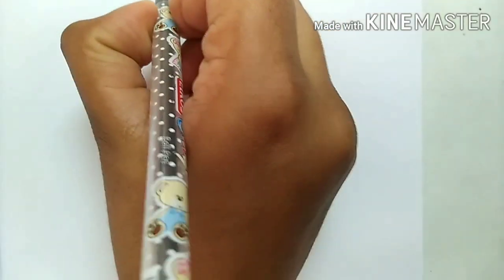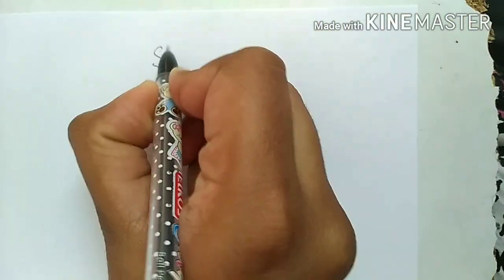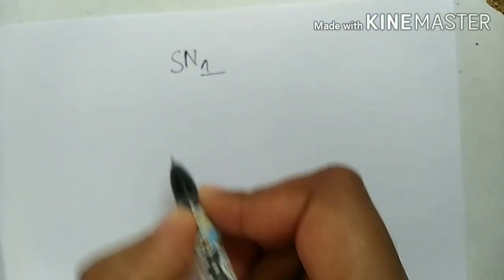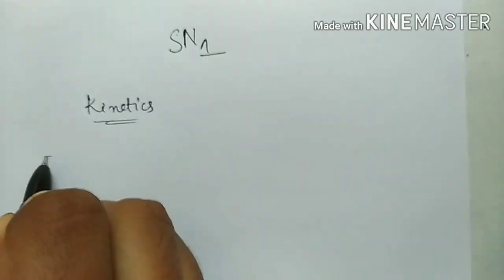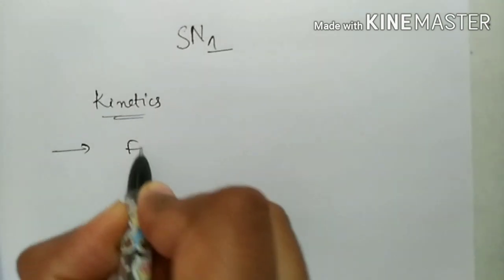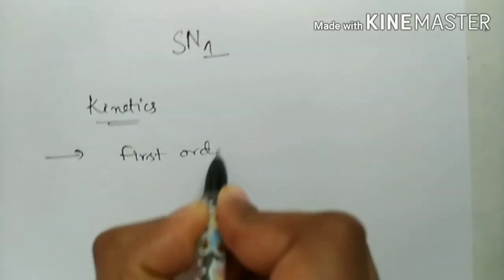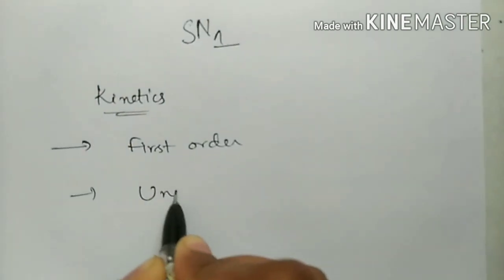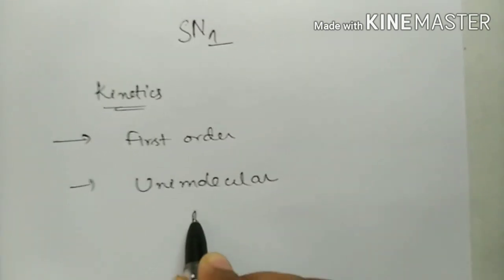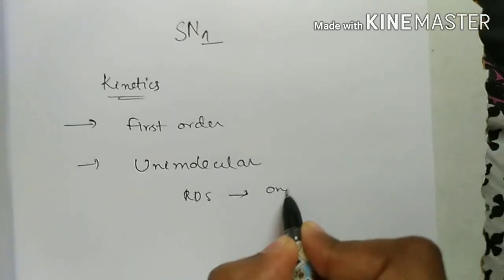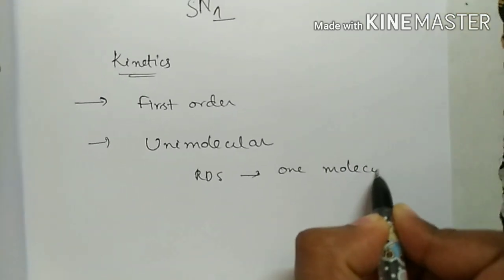Now let us see SN1 type of reactions. Coming to the kinetics of SN1 type reactions, SN1 type reactions are first order reactions and unimolecular reactions. That is, in the rate determining step, only one molecule is involved.